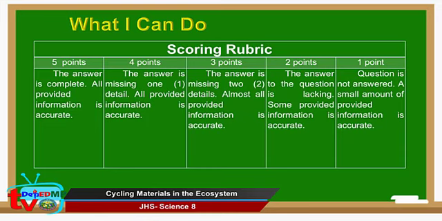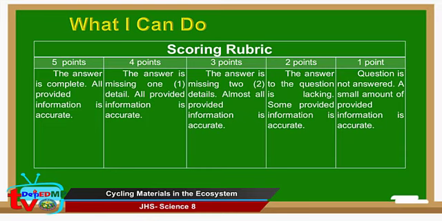All provided information is accurate. You get 4 points if the answer is missing one detail. All provided information is accurate. You get 3 points if the answer is missing 2 details.